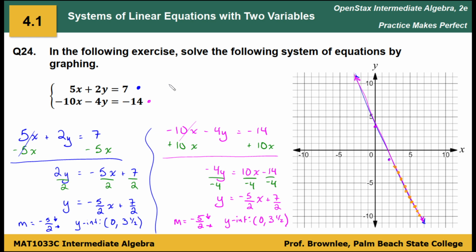And so therefore, what we would really say is that there are infinitely many solutions. Right, so that's really sort of the formal way of saying infinitely many solutions. How come? Because these are really the same line, right? The blue and the pink are really the same lines, just expressed in 2 different ways.